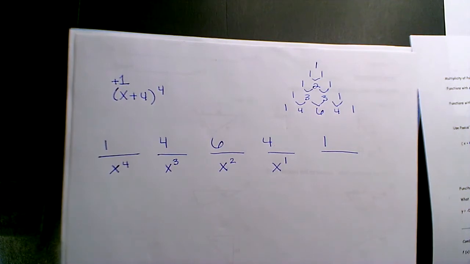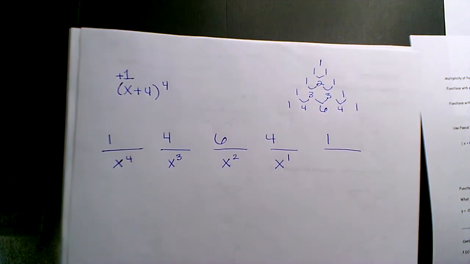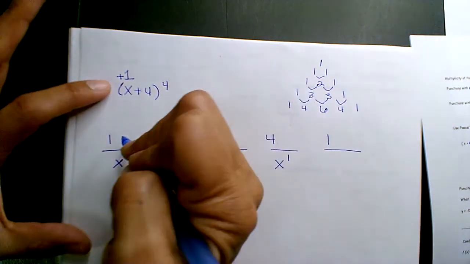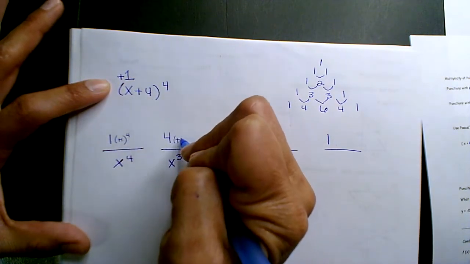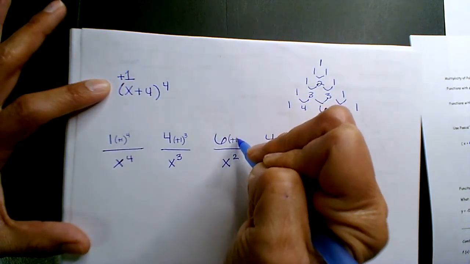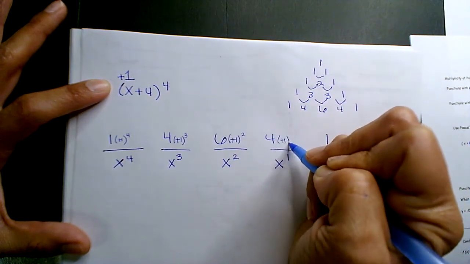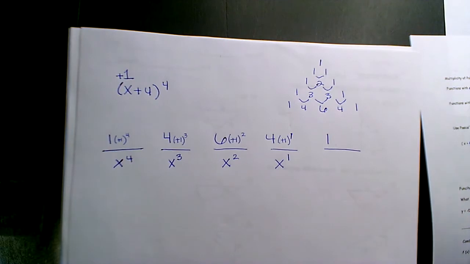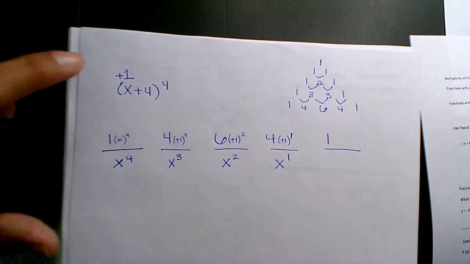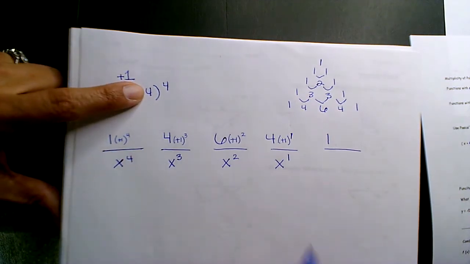Or do you guys understand that, because anything to the positive 1 is 1, right? Okay, all right, look, I'll write it. So look, positive 1 to the 4, positive 1 to the 3, 2, 1, sorry. And then this is to the 0, but what's the point? Okay. All right, this one now grows.